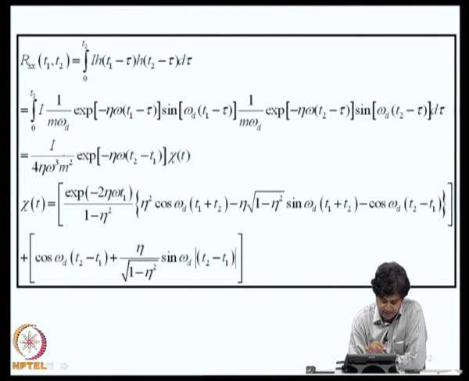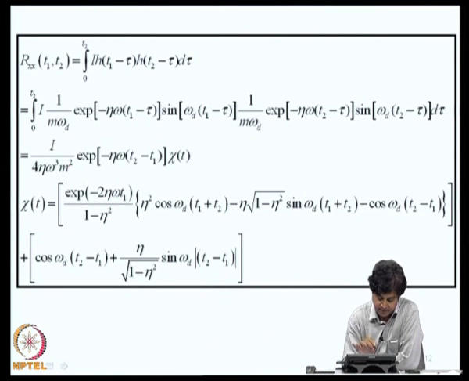I have written it in a slightly different form that can help us to analyze the nature of this function. So, there is a function chi of t sitting here, and this chi of t is given by this expression, and there is a multiplier which is exponential minus eta omega t2 minus t1.